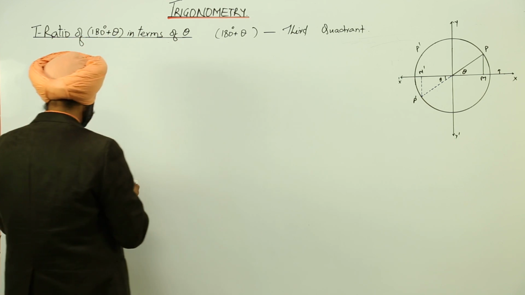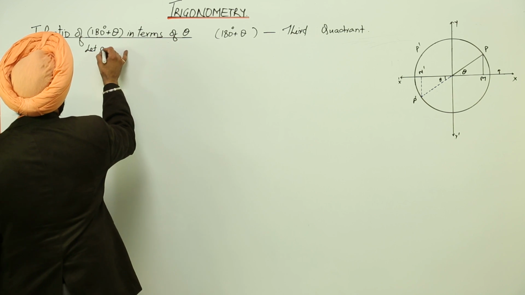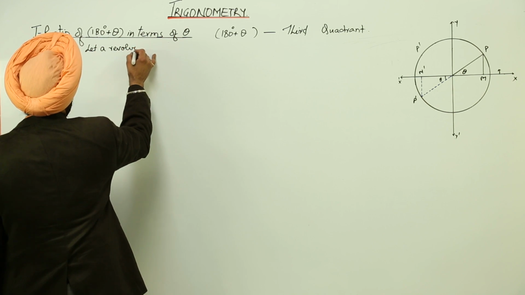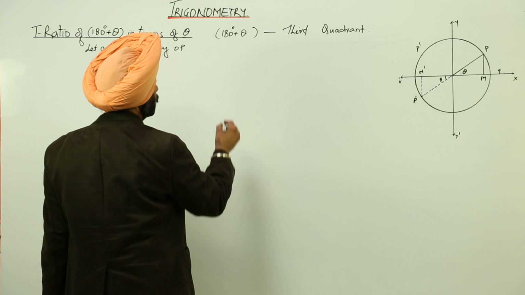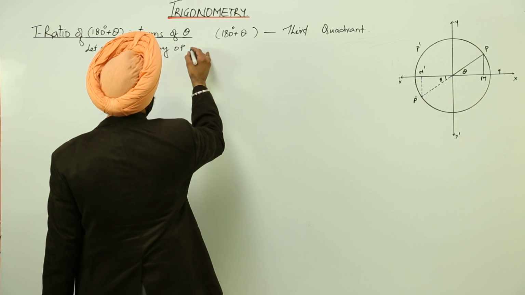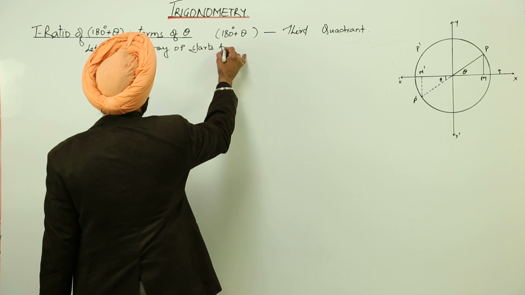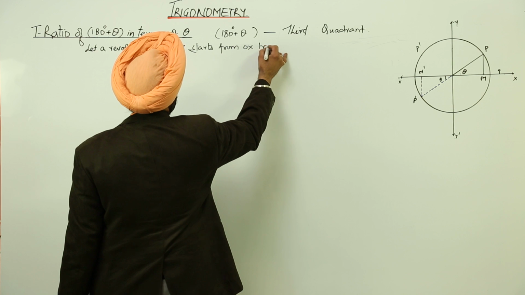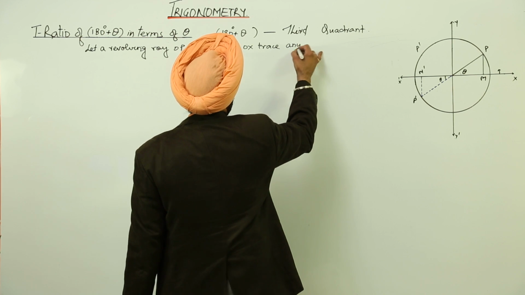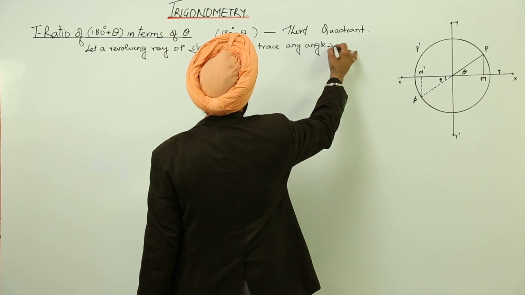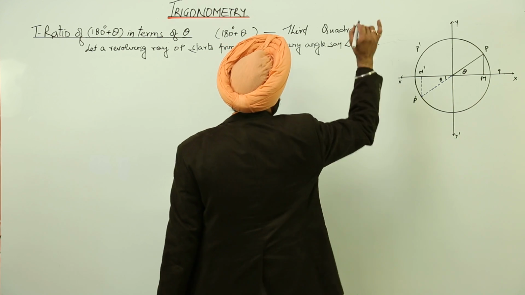Now, let a revolving ray OP start from OX and trace any angle, say angle XOP is equal to theta.